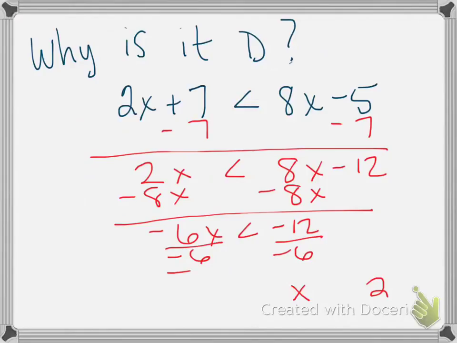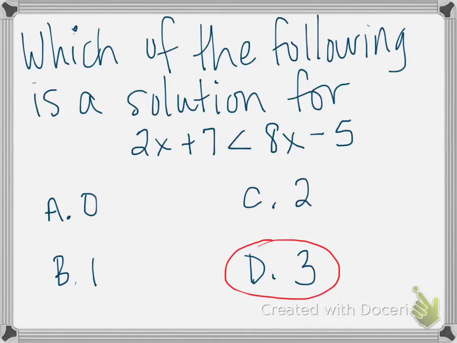Again, I divided by a negative in this step, so my sign will flip to x is greater than 2. So, the question asked, which of the following is a solution for 2x plus 7 is less than 8x minus 5? Well, if the solution gets us x is greater than 2, I've got to make the choice of 3 because that's the only answer that is greater than 2.